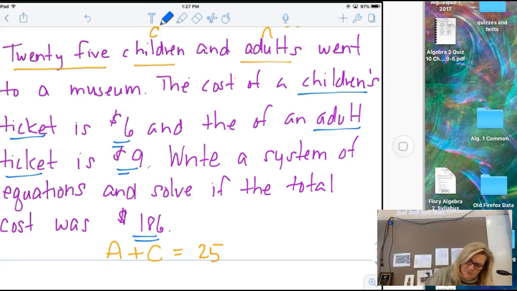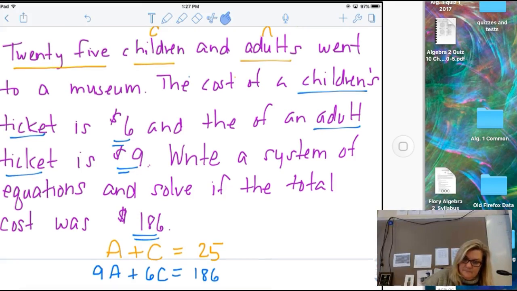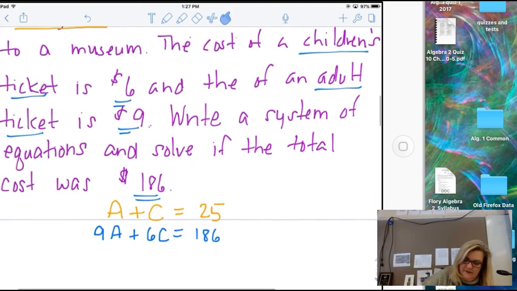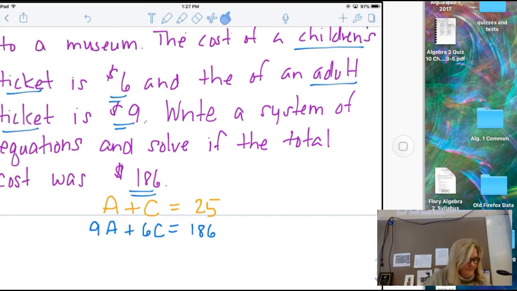The adult ticket was 9, so we're going to have 9A plus the child's ticket was 6, 6C equals $186.